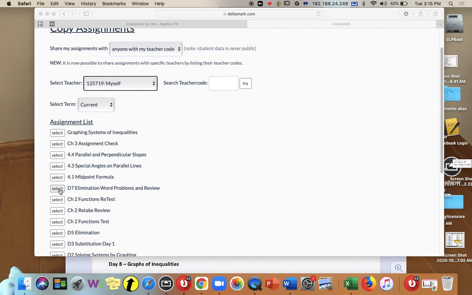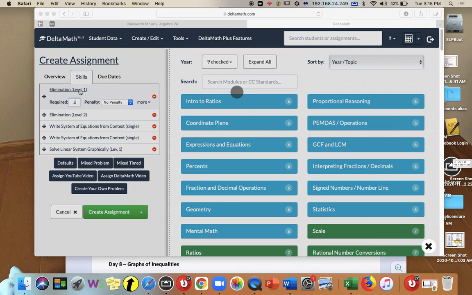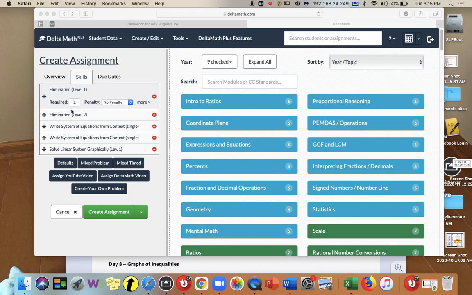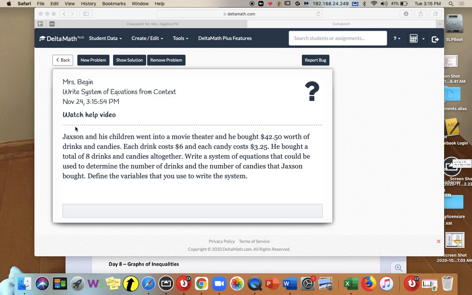All right, so this is the day 7. Okay, so just type of problems. Okay, so first you're going to have elimination problems, which is to solve. I would definitely do these on a separate sheet of paper, and you're going to type in your answer. Okay, so elimination. Okay, so here it is, writing systems of equations from context.